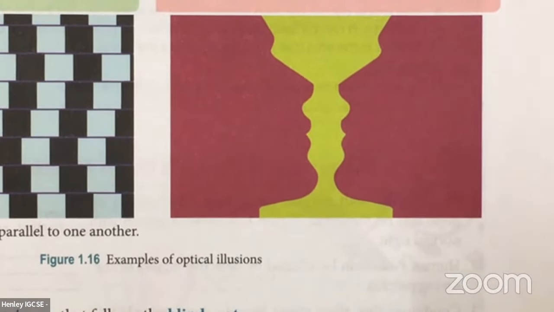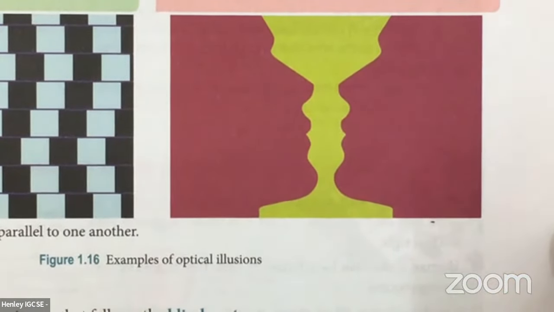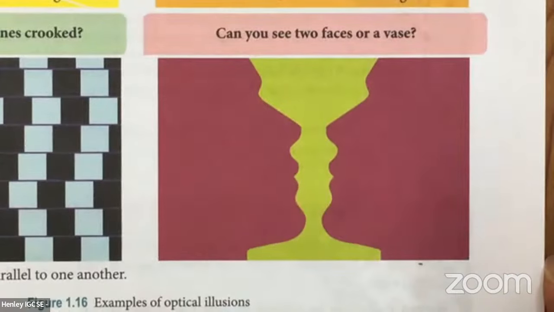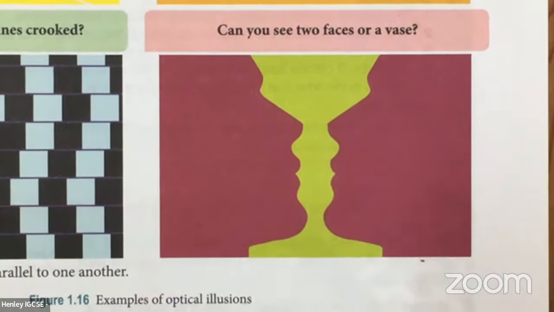Some may say this is two faces, two persons, and some may say this is a vase. Can you see that? The green color, green yellow, which color is the vase?